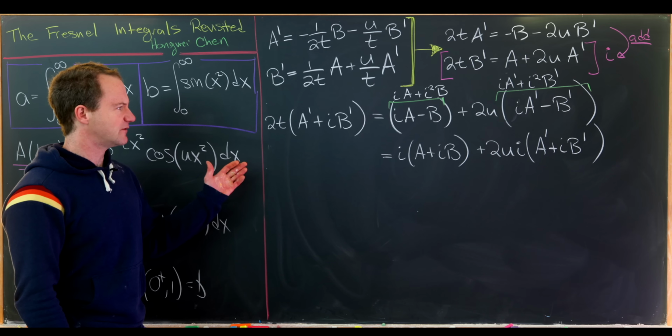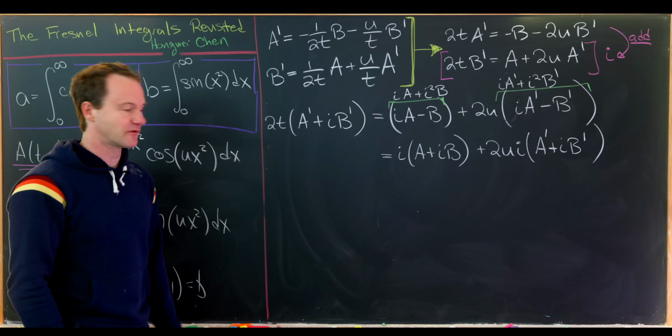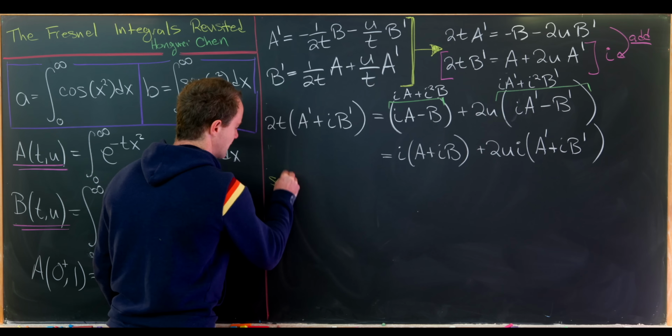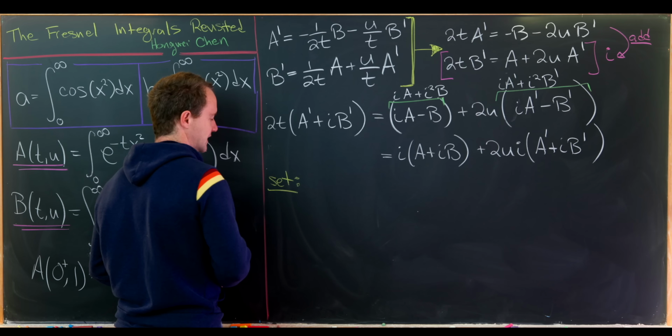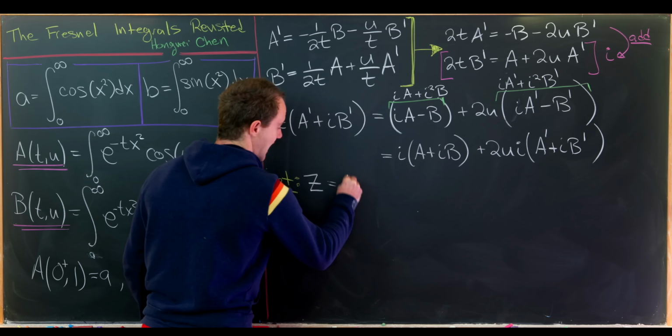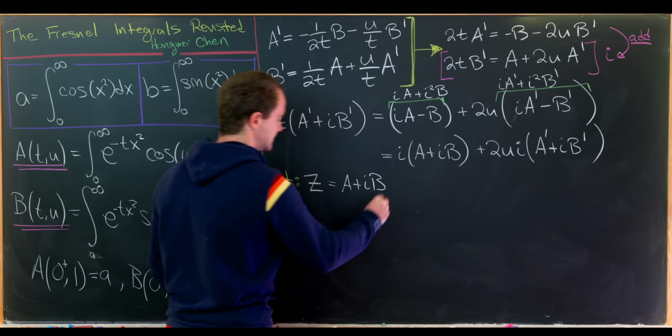But now let's notice that we've got a plus i times b everywhere, which motivates the following introduction of some simplification. And that will be z equals a plus i times b.